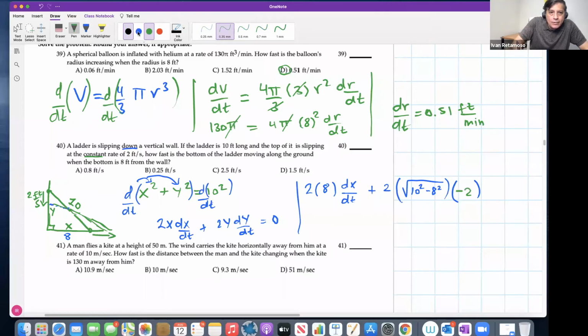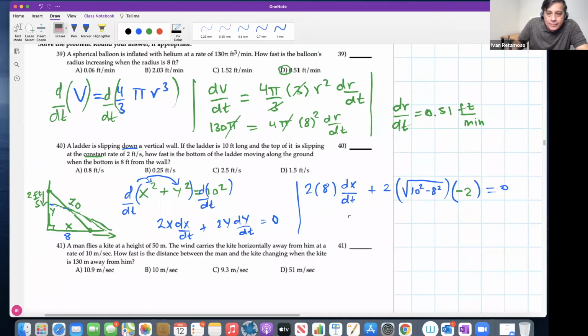Now it's time to solve for this guy. This can be done nicely. So compute this and solve for dx/dt. Very good.